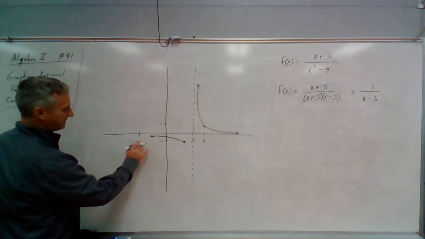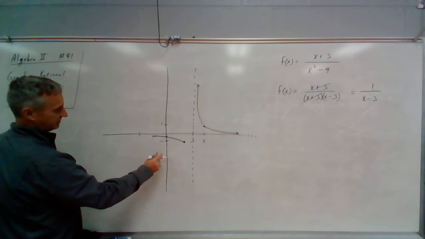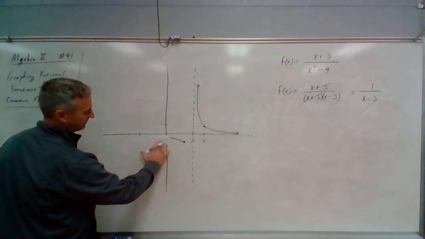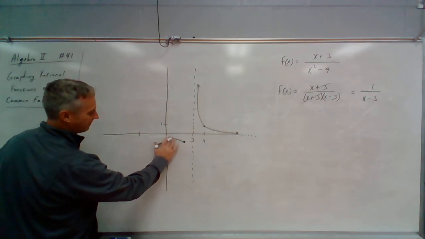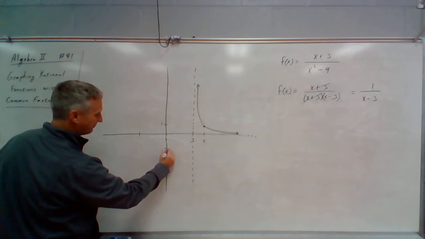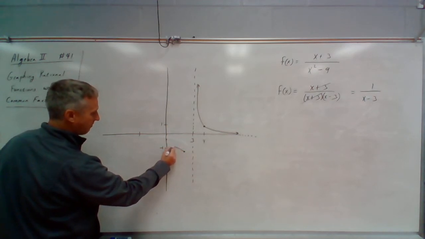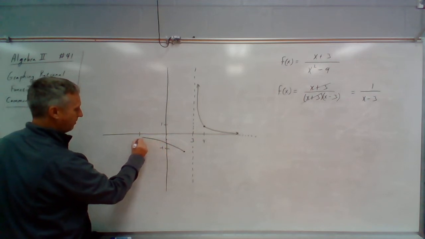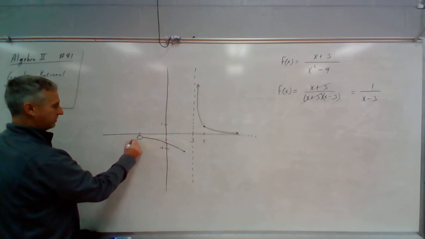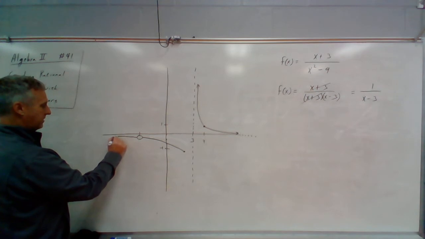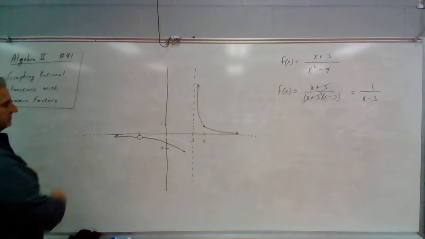So that means, just kind of see if I can draw this a little bigger. Let's move my negative 1 down some. So I'm going to have a hole right there. And it's still going to go out this asymptote in this way.